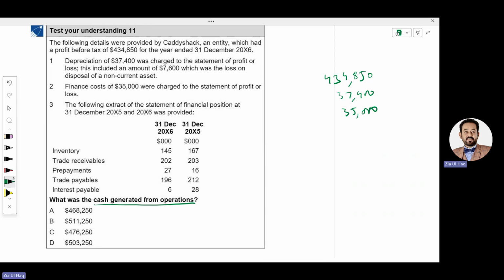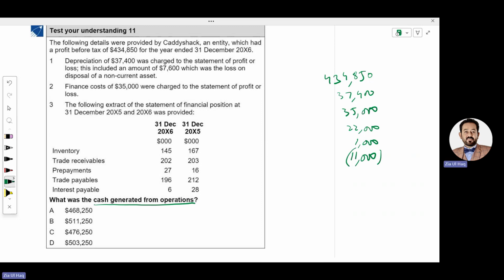And then inventory decreased by 22,000, we need to add, because cash is coming in by selling. Trade receivable decreased by 1,000. Add, inflow. Prepayments increased by 11,000. So this is a cash outflow.